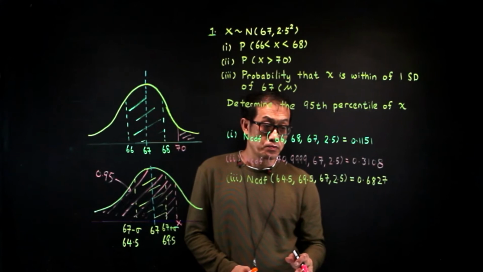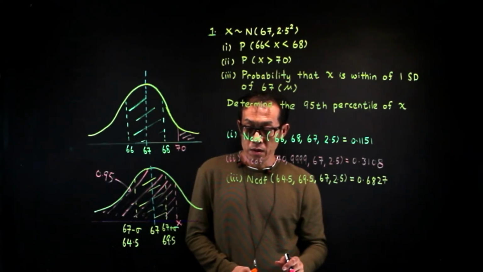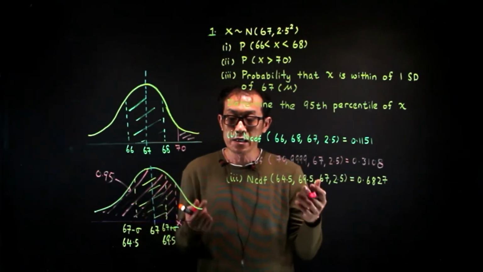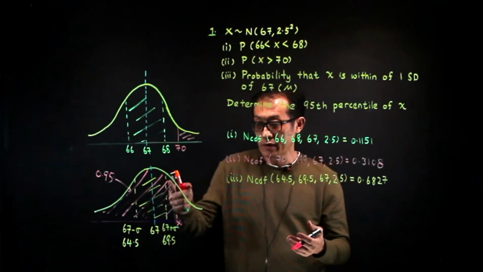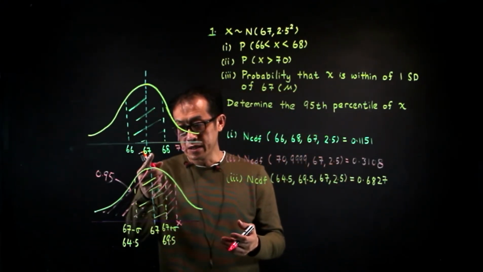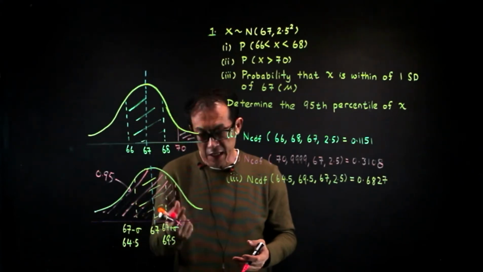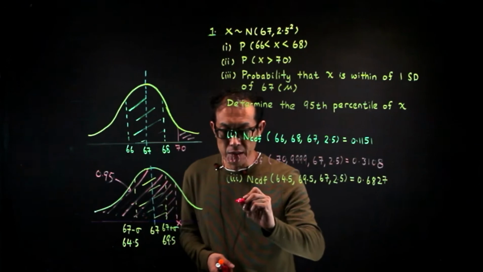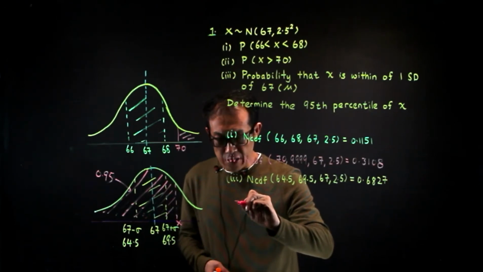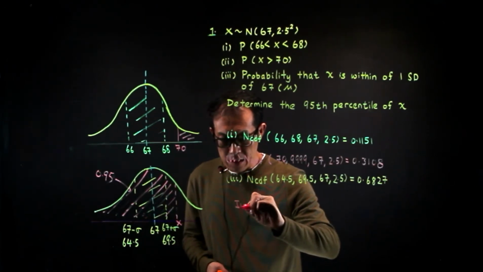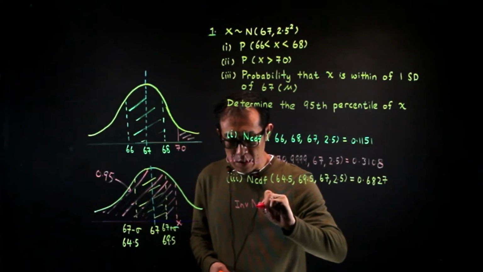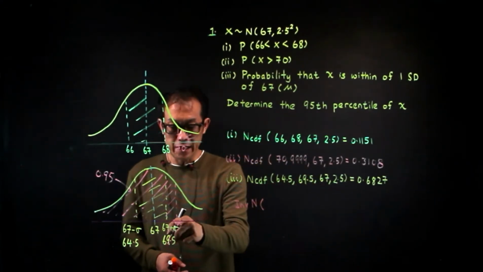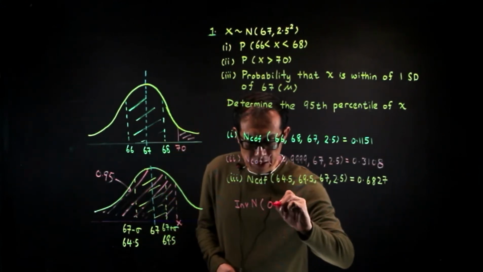So how do we find X? You learned in the earlier chapter that you can find X if you have this area, the mean, and the standard deviation by using the inverse normal. So you can just use inverse normal. What's the area? The area is 0.95.